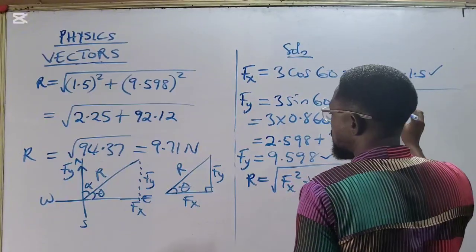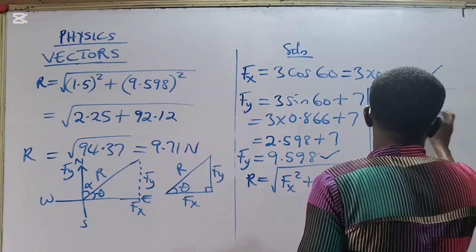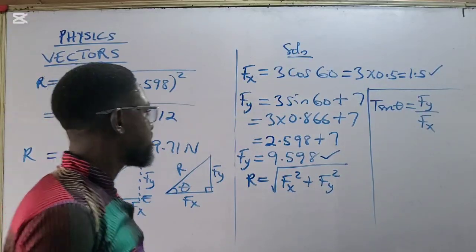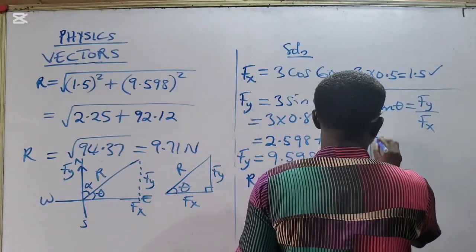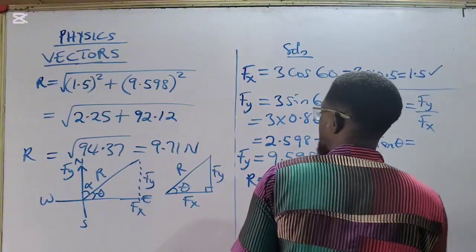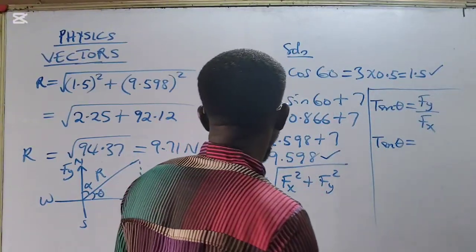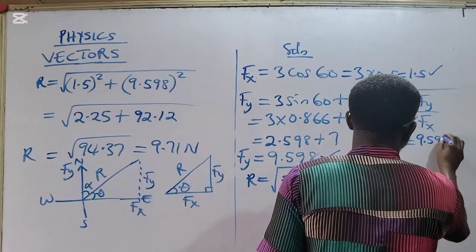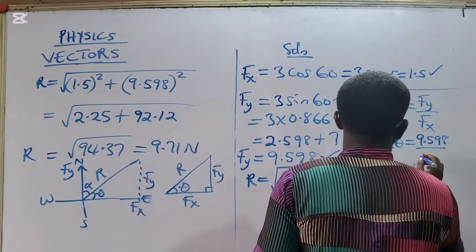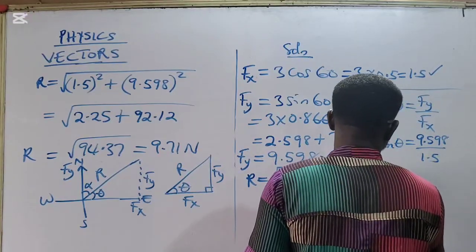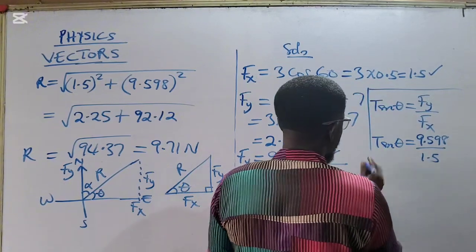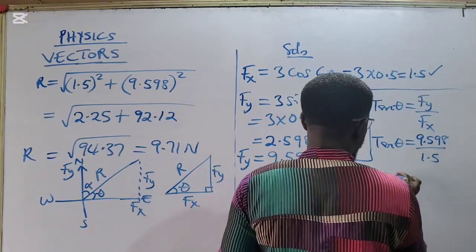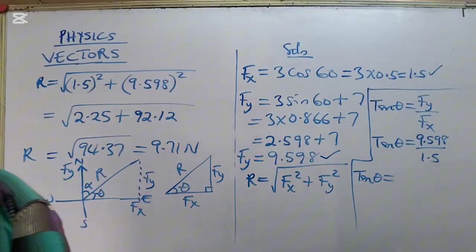So tan theta will be Fy over Fx, that's opposite over adjacent. Fy is 9.598 and Fx is 1.5.